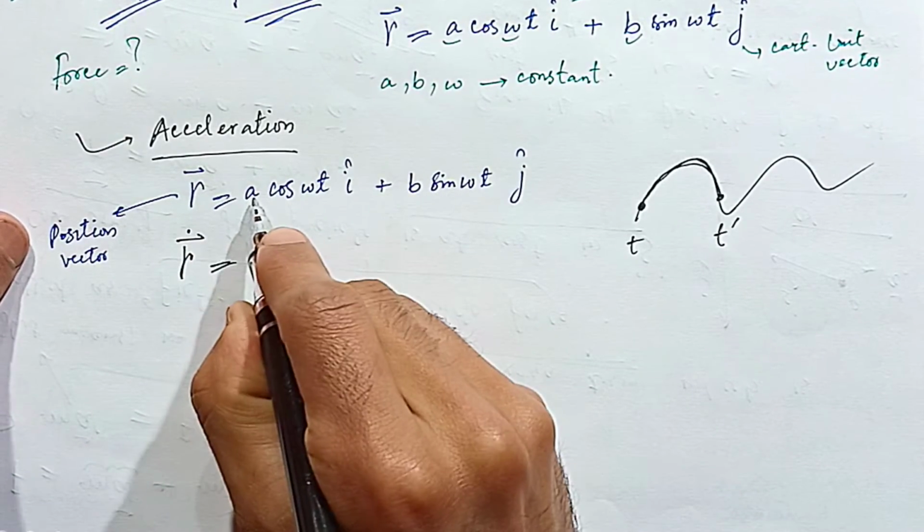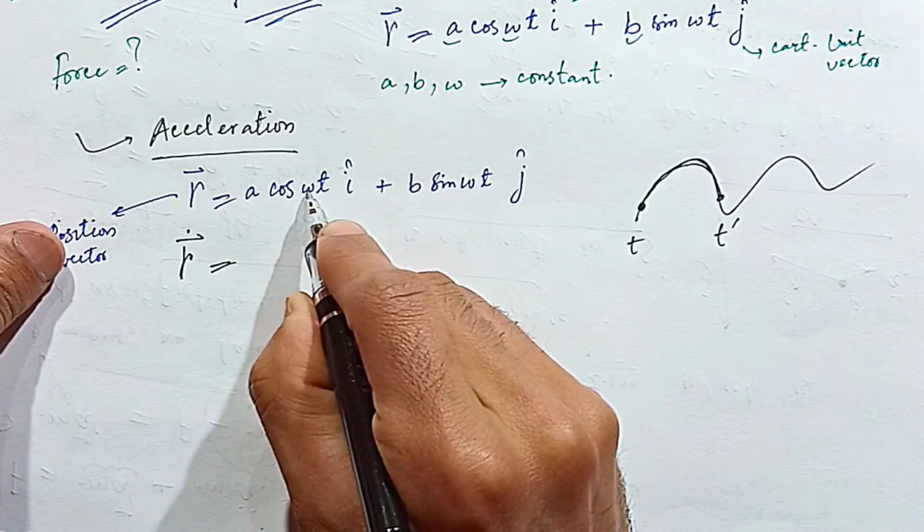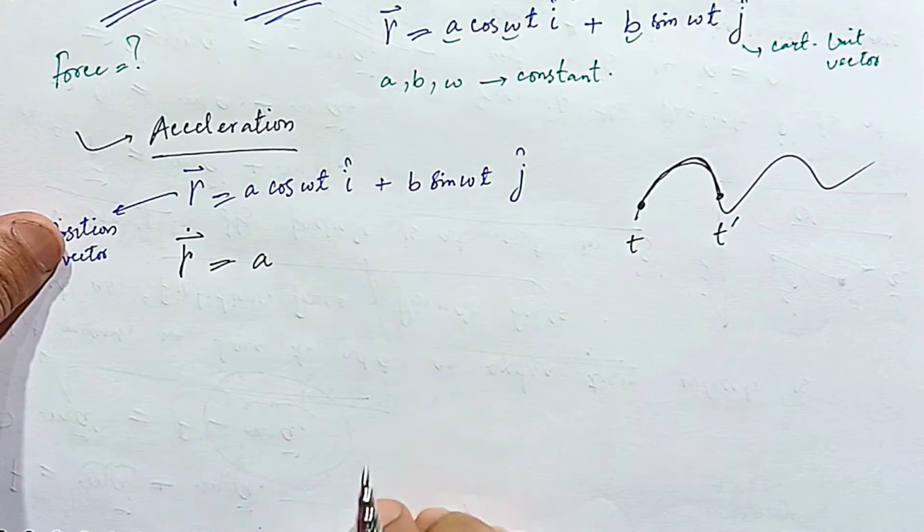Here a is constant and omega is constant, so a is kept as it is.